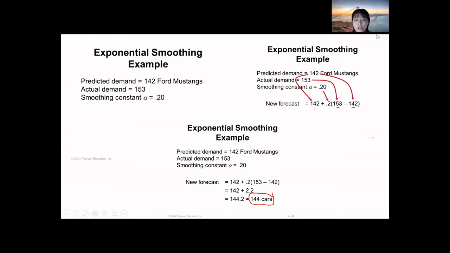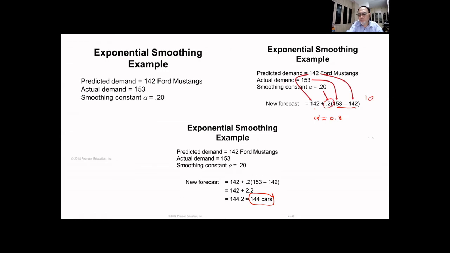Question: How does the company decide the alpha number? What does alpha depend upon? So basically, when alpha is high, for example, if alpha is 0.8, let's say the difference is 10.